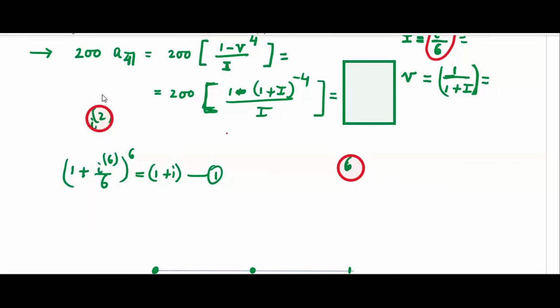Then using this equation, I is 10% given. I will write 1.10 power 1 upon 6. Then I will take 1 that side.